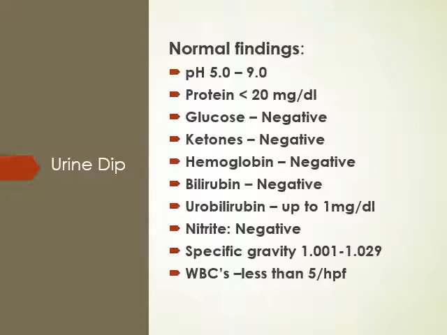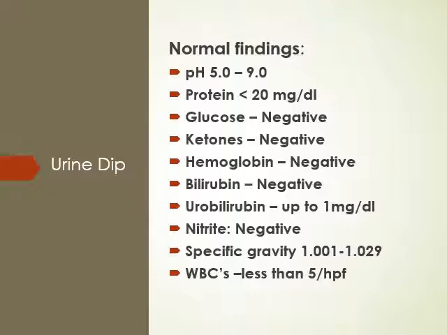Nitrites should be negative. This is usually what the urologist said meant that there was a UTI. Note the specific gravity, 1.001 to 1.029, and WBCs less than 5, high-powered field.